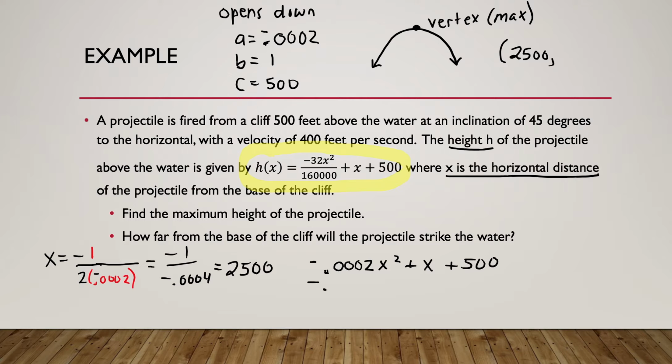So that's going to give me this decimal times 2,500 squared plus 2,500 plus 500. And again, I'm going to go to my calculator, especially because the numbers are so large, and I'm going to type this in.